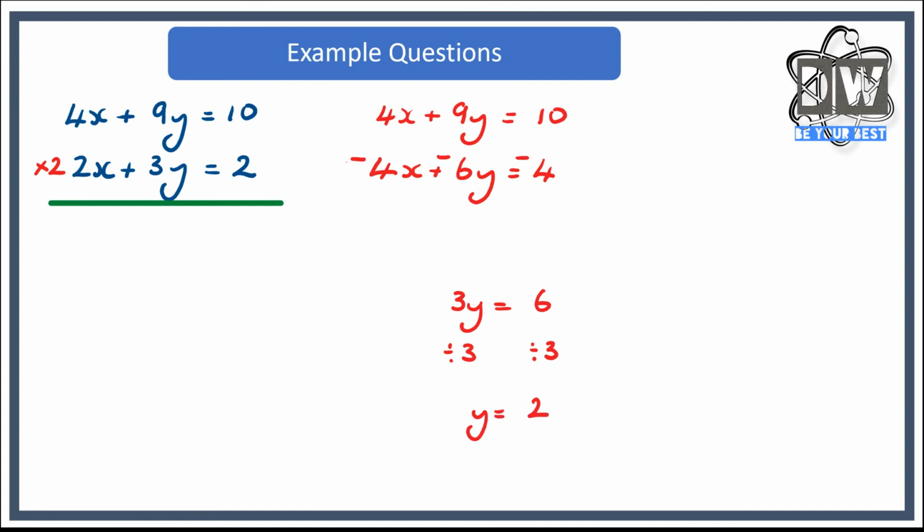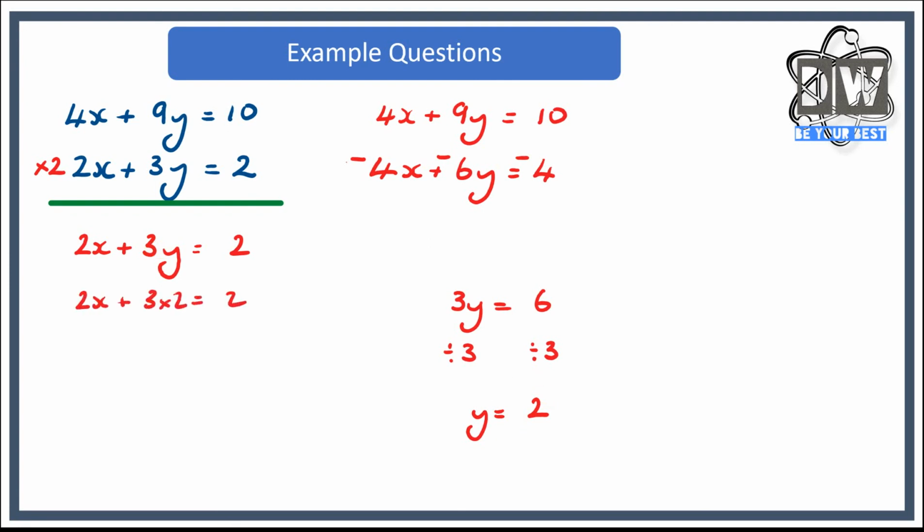Make sure now we pick either one of those equations, and then we take away the y and we input 2. So I've chosen to go for the bottom equation, because it's slightly smaller and slightly easier to work with. So we've got 2x plus 3y equals 2. But in reality, what we've got is 2x plus 3 timesing by 2 equals 2.